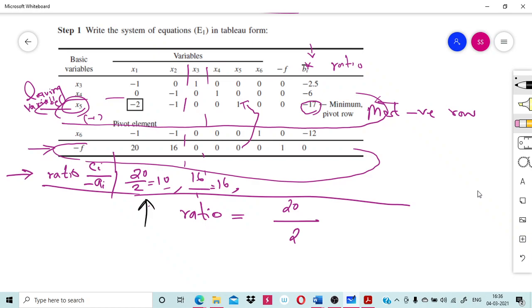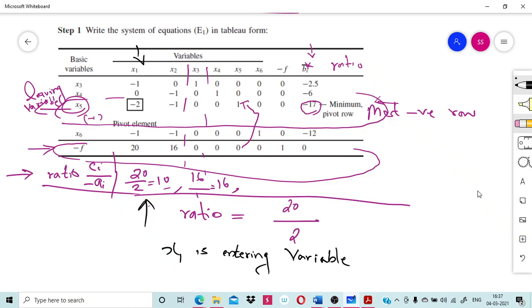So x1 enters. x1 is the entering variable. That means in the next table, in place of x5 you have to write x1.